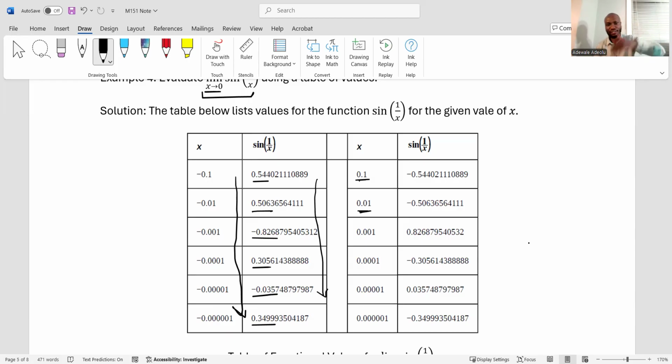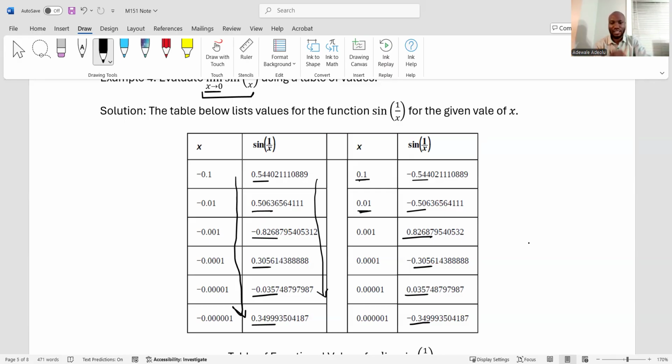It keeps bouncing between negative and positive values. The same thing here: negative 0.54, negative 0.50, positive, negative, positive, negative, and it keeps going that way. Again, we cannot pinpoint where it is trying to get to.